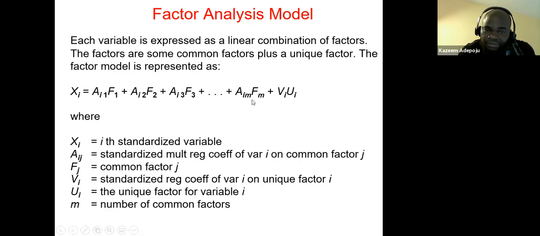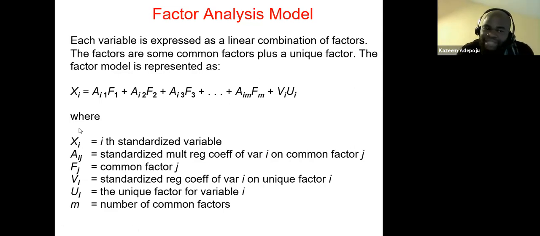Can you see that now? Like a systematic part of the model. And this is the one that is common to all of that. This is like having a specific factor, and this is like having a common factor. So what I'm showing you right now is what we call a factor model.